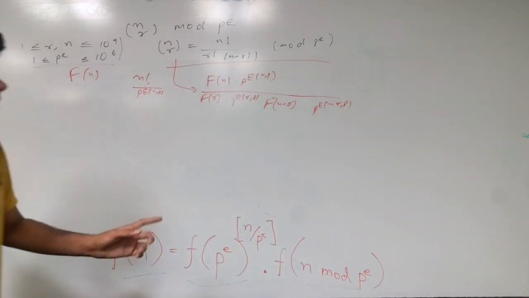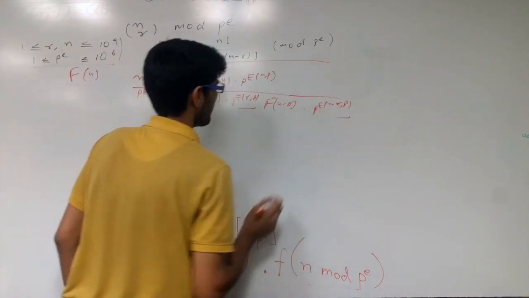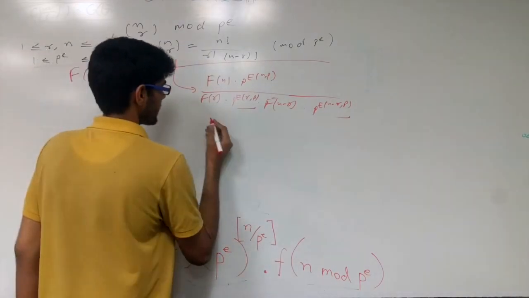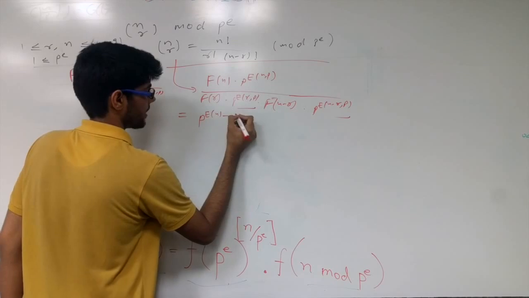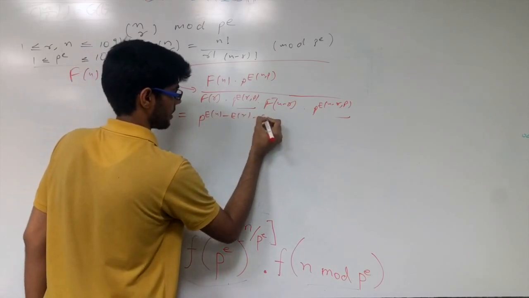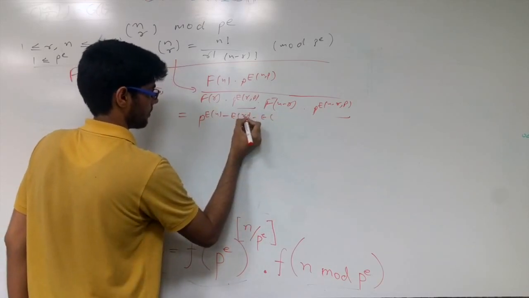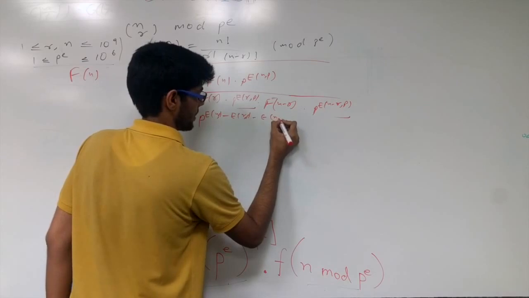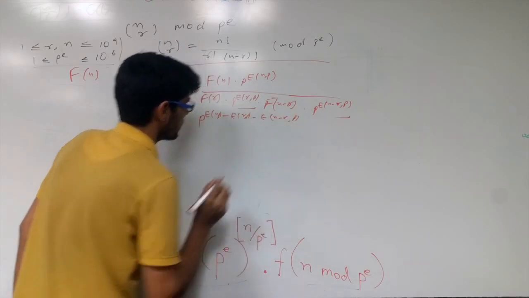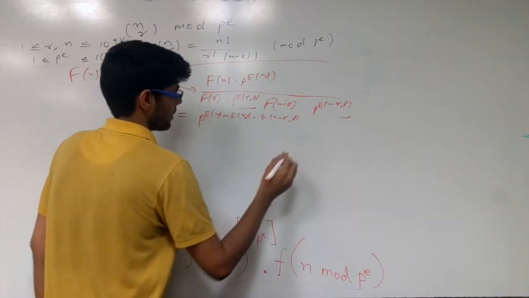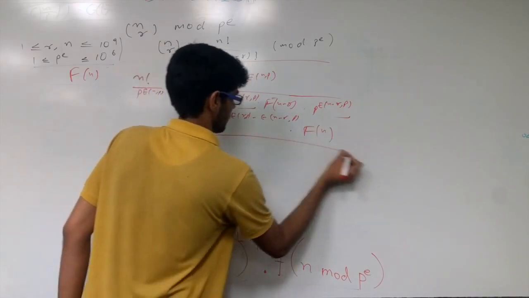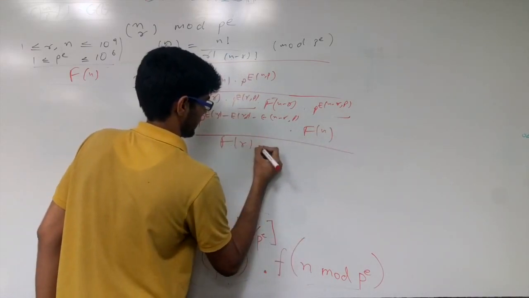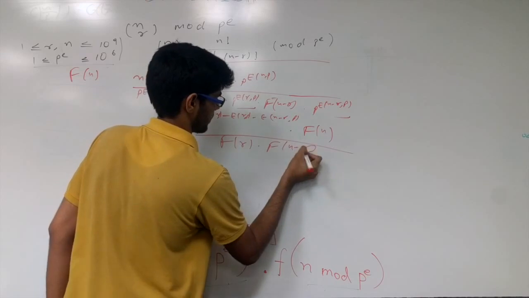And now we can take the powers of p separately and say that this is the same as p to the power e(n, p) minus e(r, p) minus e(n minus r, p), into f of n divided by f of r into f of n minus r.